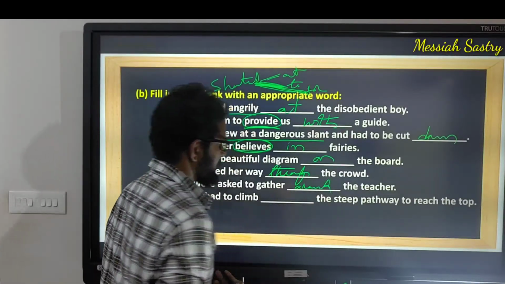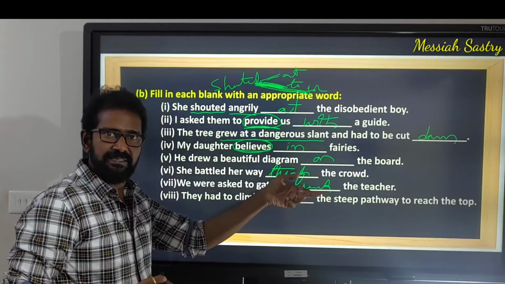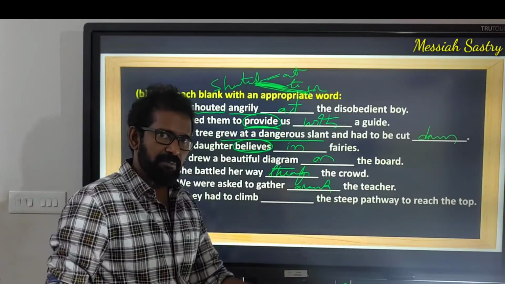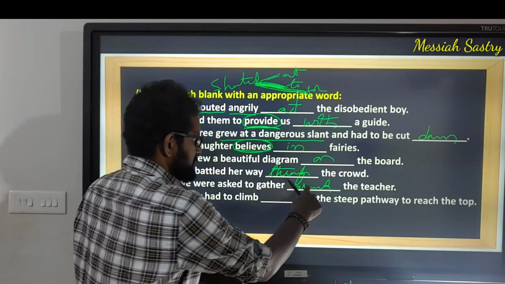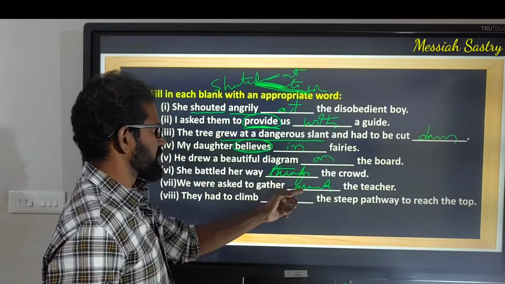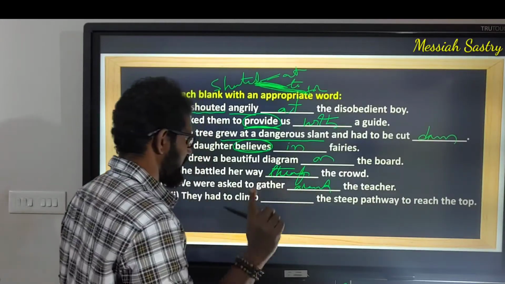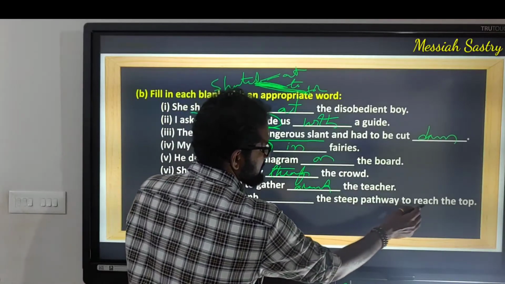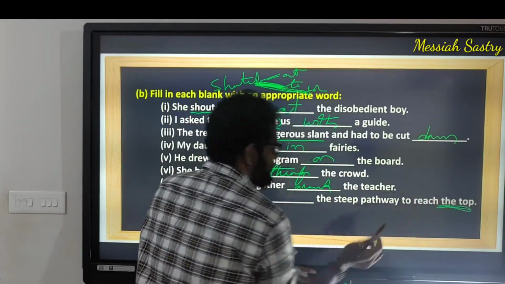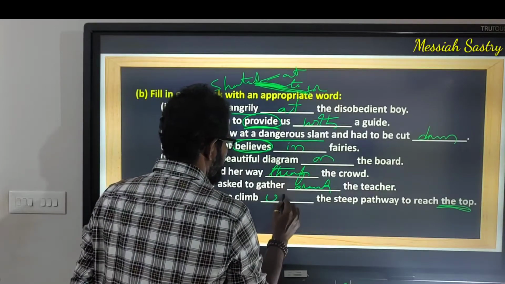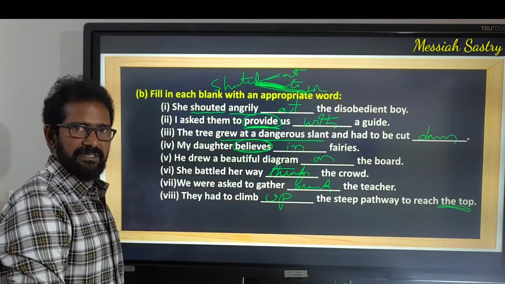We must be very careful, not gathered at. Gathered around. When you gather at some place or person, we use the preposition around. They had to climb the steep pathway to reach the top. Top means we have to go up, so we have to climb up. So these are the prepositions.